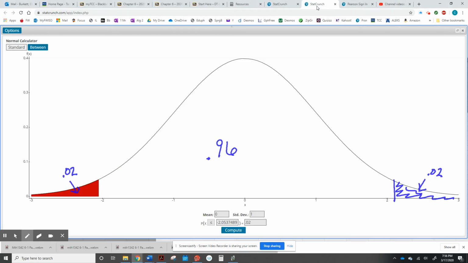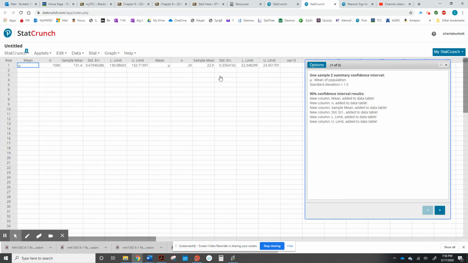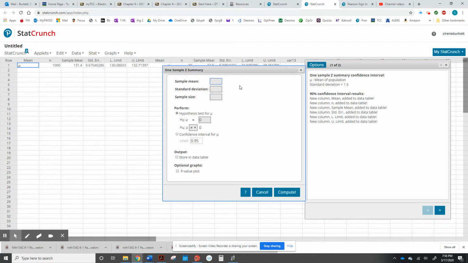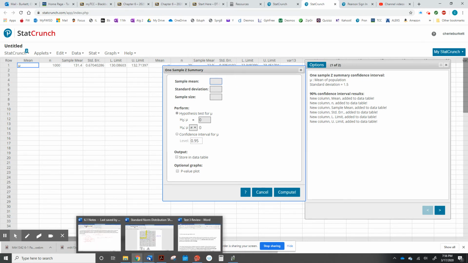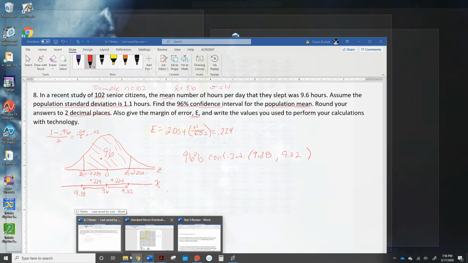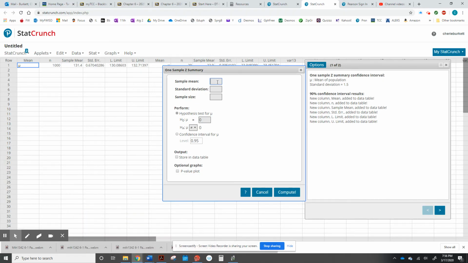Let's run over to StatCrunch. We can close this down now, and we're going to go to Stat. We're going to go to Z-Stats, one sample with summary, and our sample mean, I don't remember what it was. Our sample mean is 9.6.